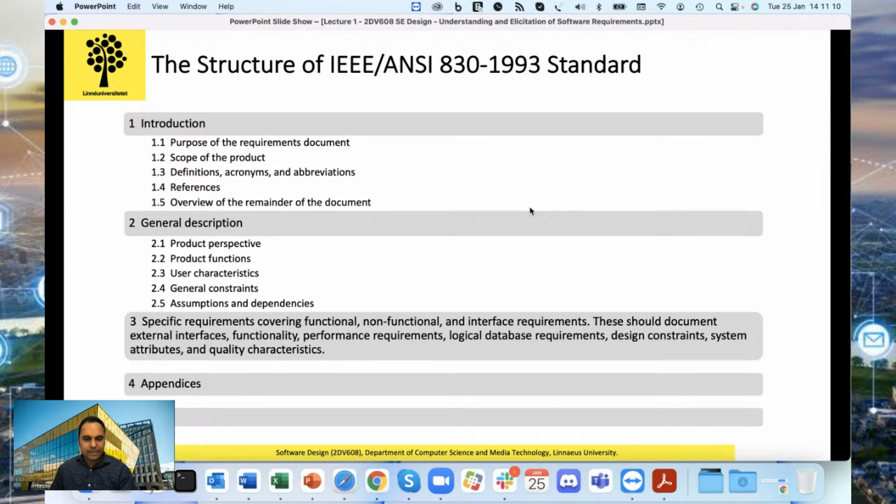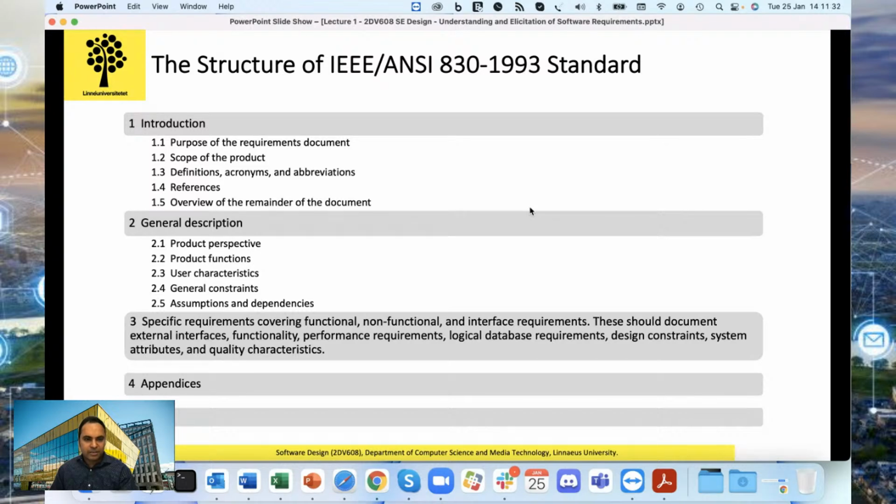As you can see, it has 5 parts. The first part is the introduction, where you briefly introduce your objective, define various terms and acronyms, and give an overview of the remaining part of your document and so on.